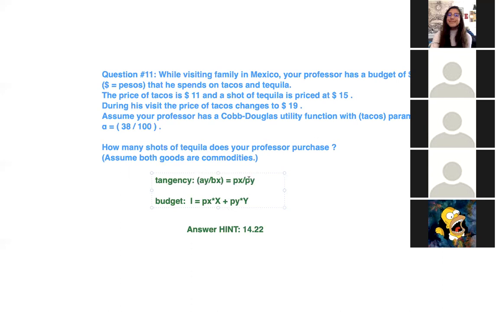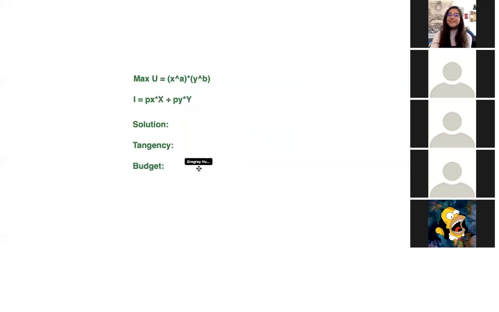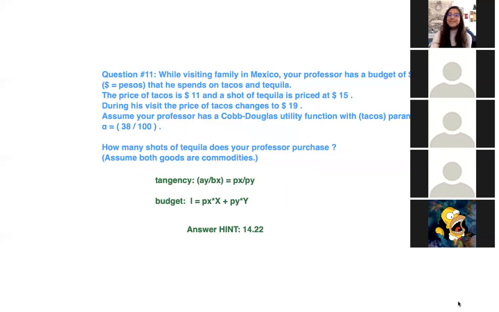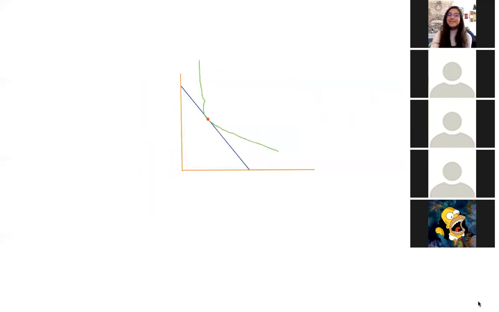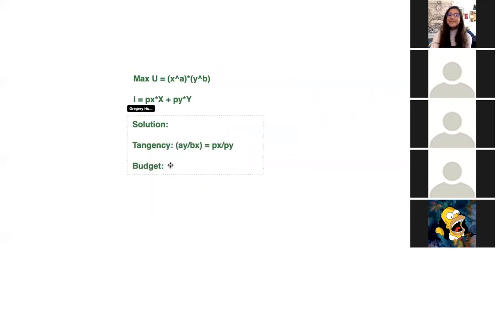Let me select it. Okay. So we have to satisfy both of these equations simultaneously.